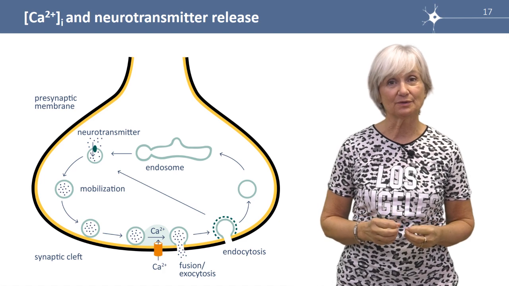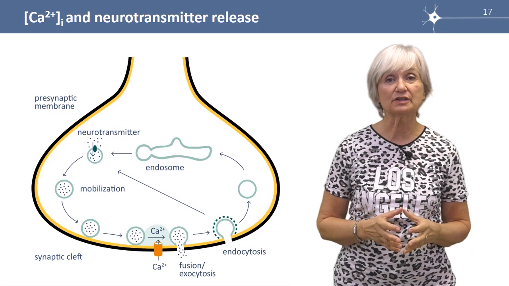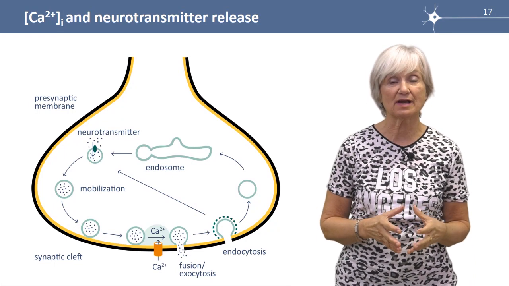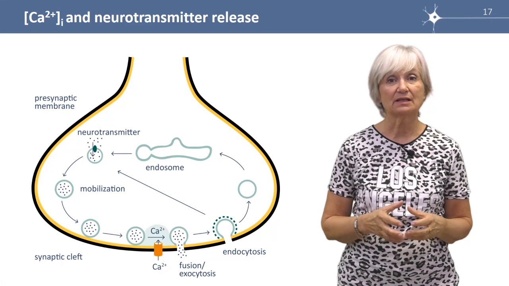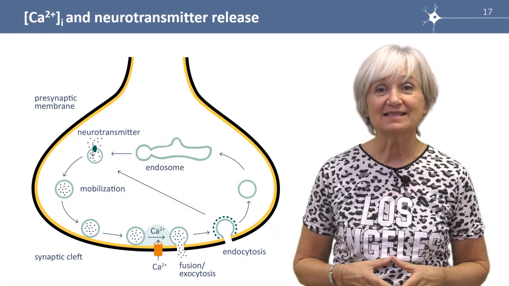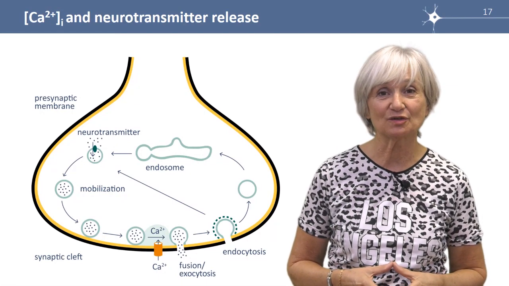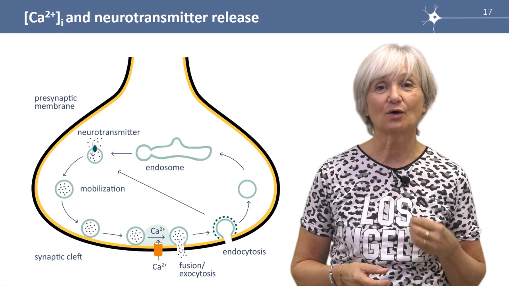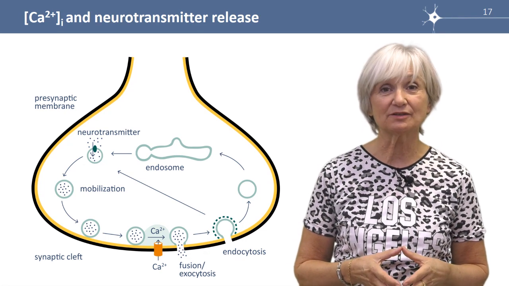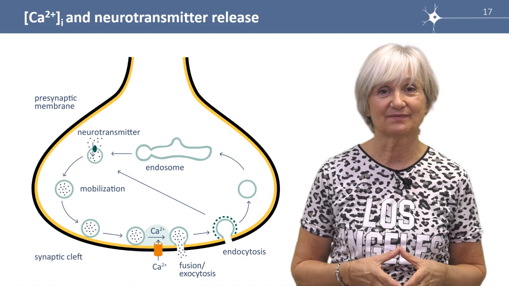It should be noted that even when all the conditions are there, for example, when several action potentials arrive at the axon terminals, neurotransmitter release does not always occur. This is a relatively inefficient process, and only one action potential out of 2 to 20 will trigger exocytosis.